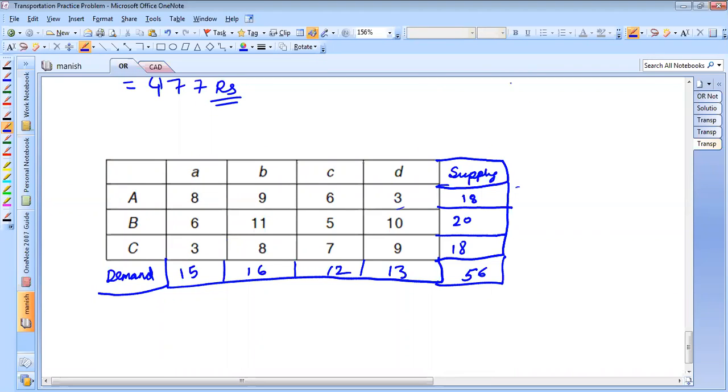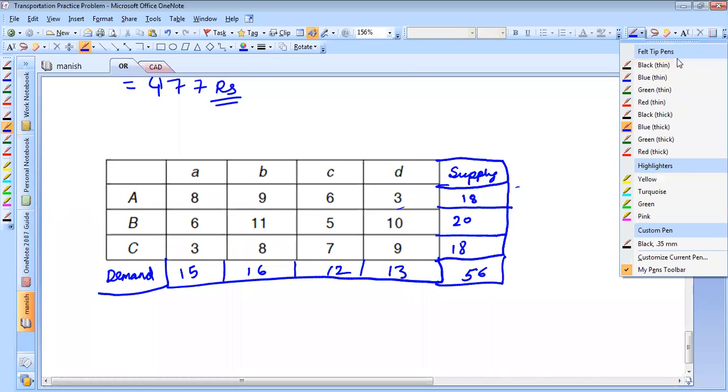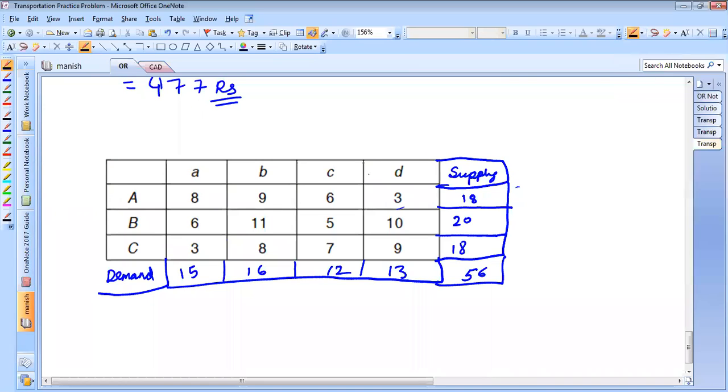If there's a tie, then we tend to use our pencil first. So let me just shift my pen to pencil. Let us say this is the pencil. When I move to pencil, I'll make a circle here and a circle here. Then I'll find the allocation that I can place here.